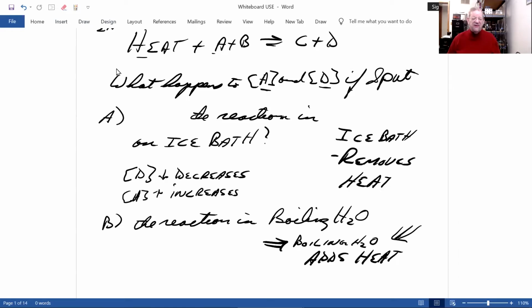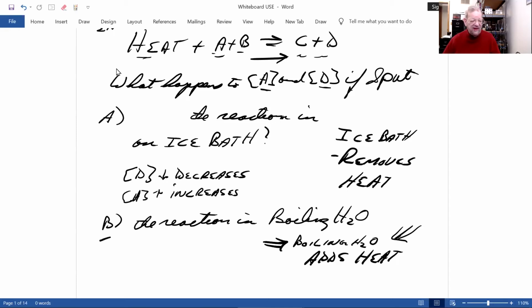And now the equilibrium says, oh no, we have too much heat. We've got to get rid of this excess heat. And how does it do that? It reacts with A and B to make more C and D. Because when A and B react with heat, the excess heat is consumed, and so are A and B.